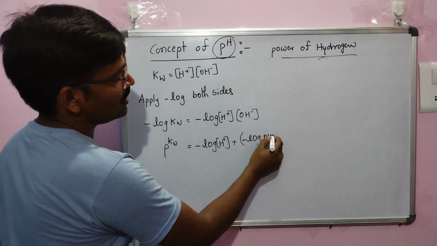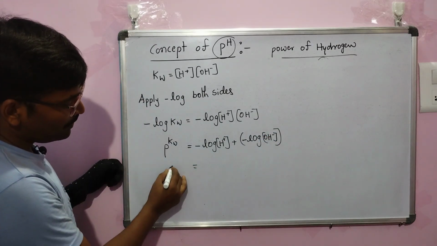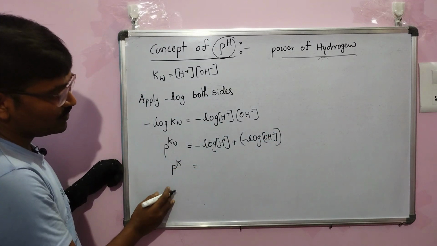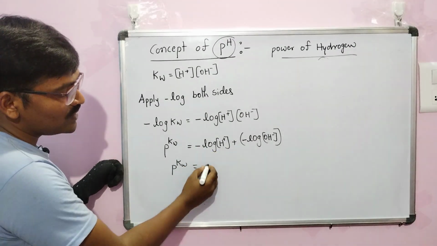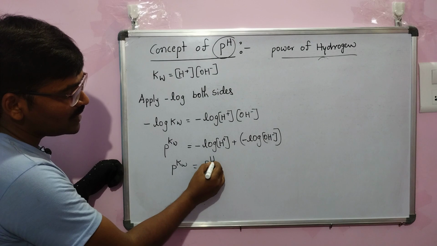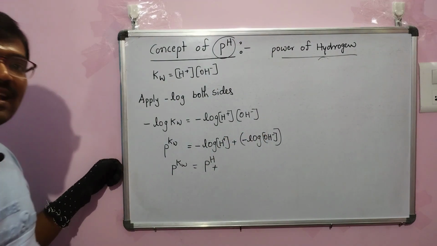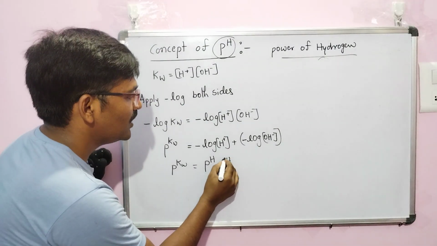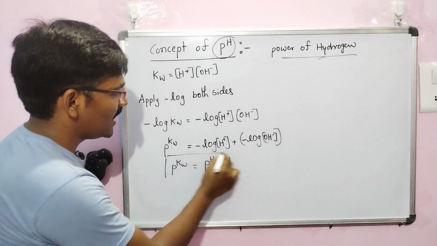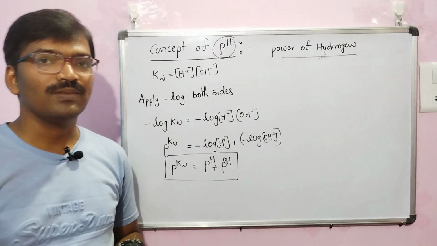Here minus log H plus ion concentration we take as pH, plus minus log OH minus ion concentration we take as pOH. So pKw equals pH plus pOH.